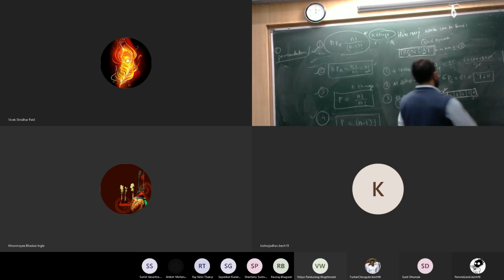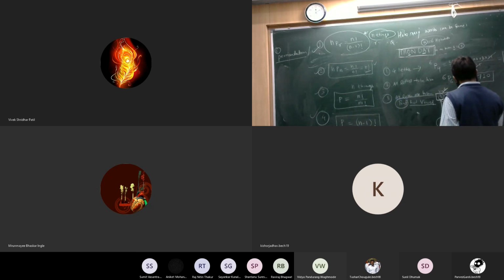Now the remaining positions, 1, 2, 3, 4, 5. 5 positions are there. They could be filled with how many letters? One letter is already kept at the first position, so out of the 6, 1 has gone. So 5 letters are there, and we need to arrange 5 letters in 5 positions.